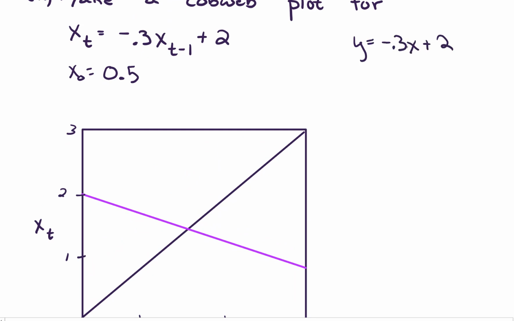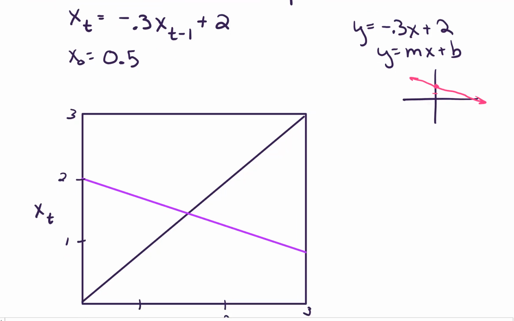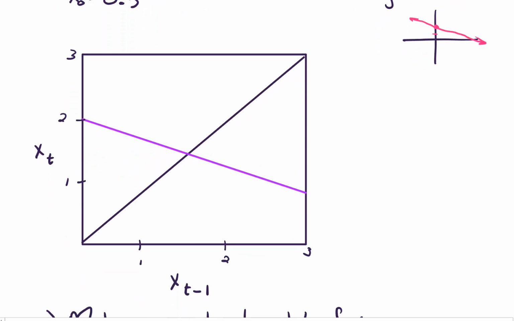This is like a y equals mx plus b situation. And we recall from graphing, this would have a y-intercept of 2, and then it would have a pretty shallow slope going downhill, something like that. And I've drawn that already here with the purple line.